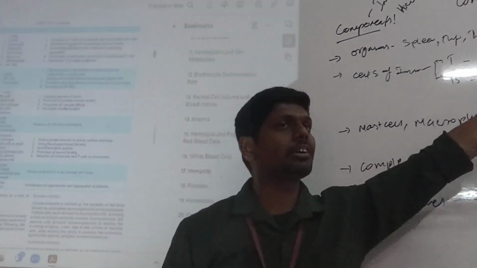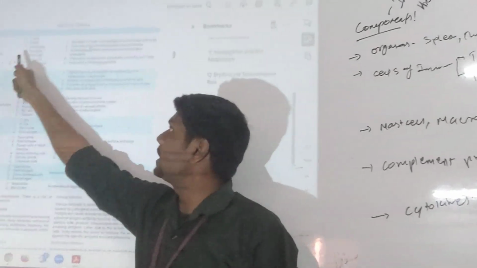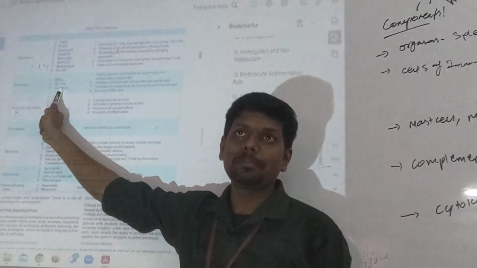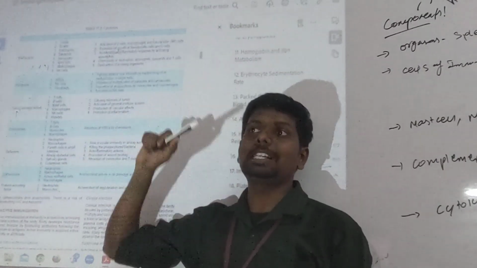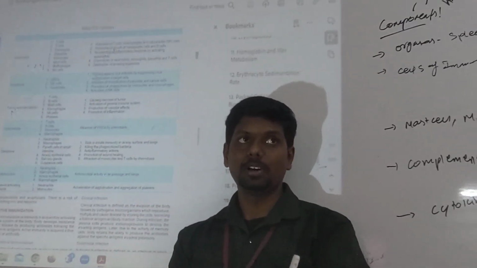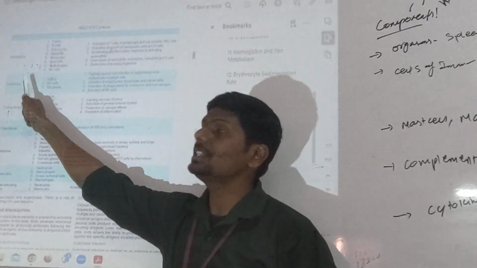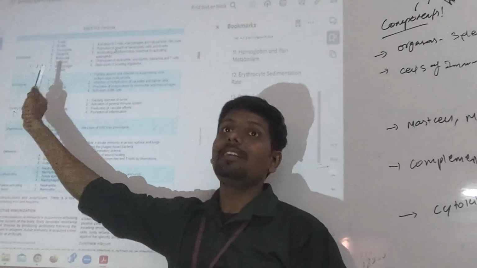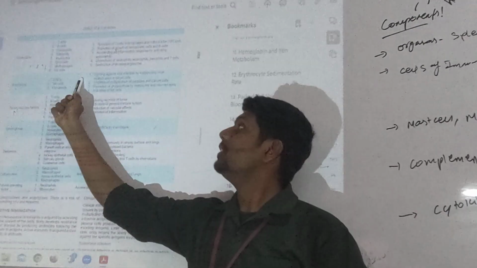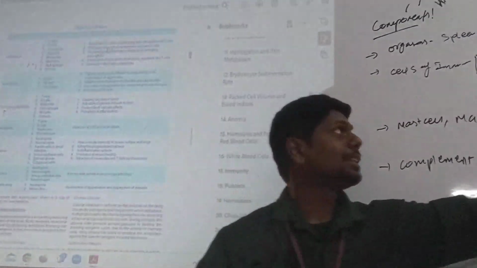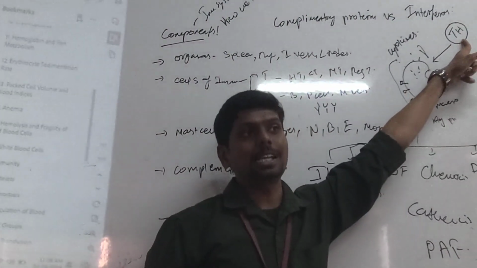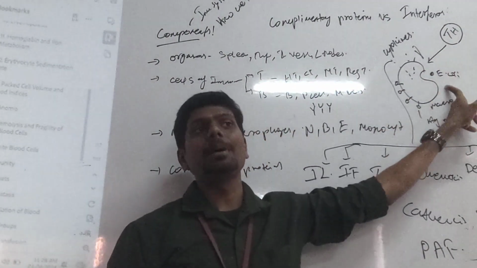That is the use of interferons. Interferons are a type of cytokines released by macrophages to call other white blood cells. Here the white blood cell will be the helper T cell.